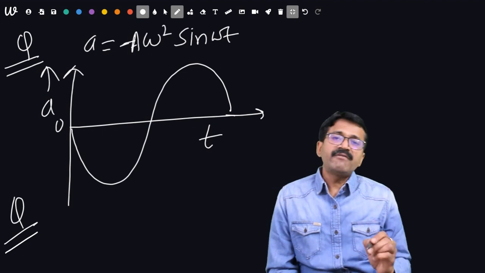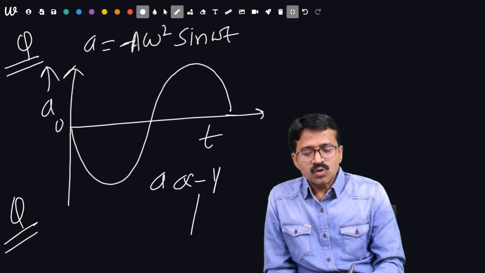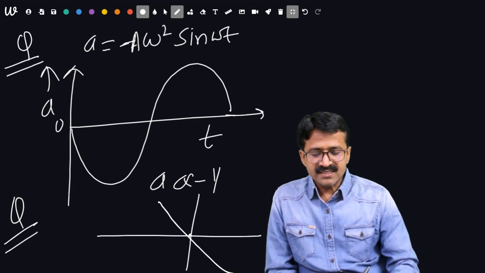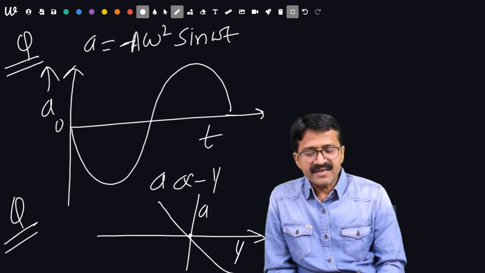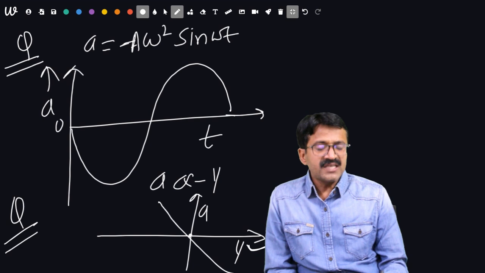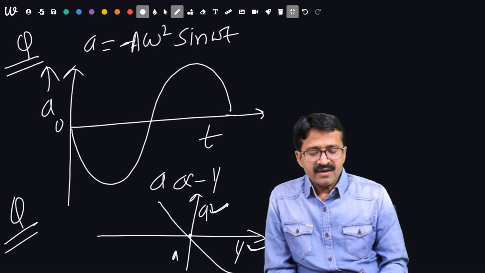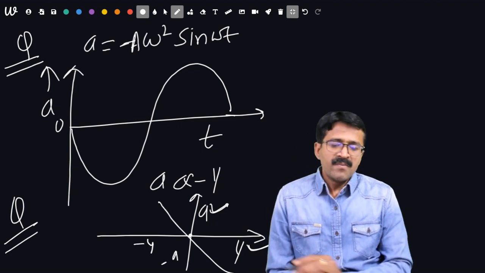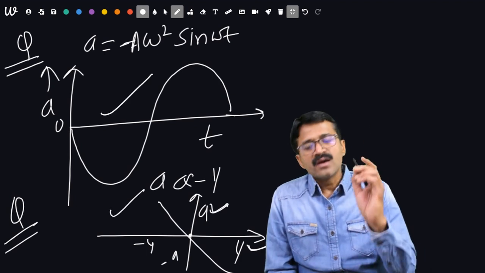The graph between acceleration and displacement: a is proportional to minus y, so its graph will be in this way along the negative axis. This is displacement, this is acceleration. When displacement is positive, acceleration becomes negative, and when displacement is negative, acceleration becomes positive. So these are a few important graphs or curves.